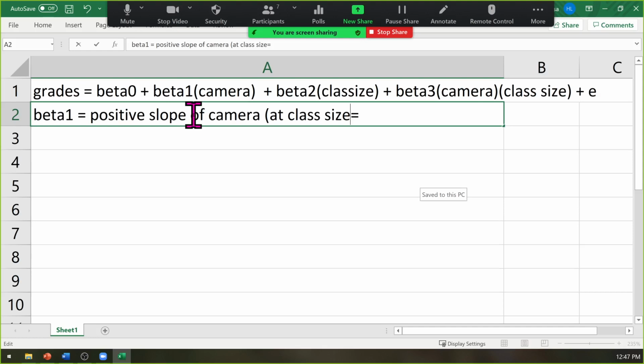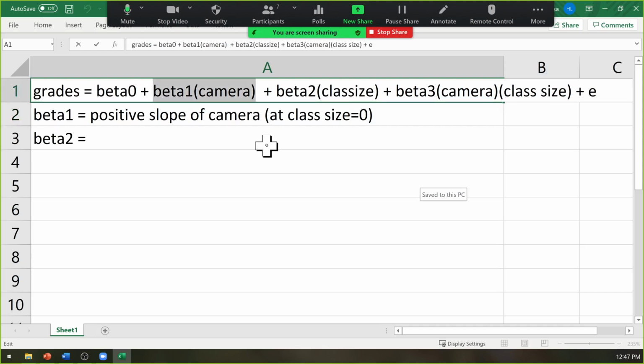Yep, that makes sense. And likewise, we would have to know how camera use is coded. If we have this as 0, meaning you don't keep your camera on, and 1 meaning you do, then this would be a negative slope of class size at camera equals 0.